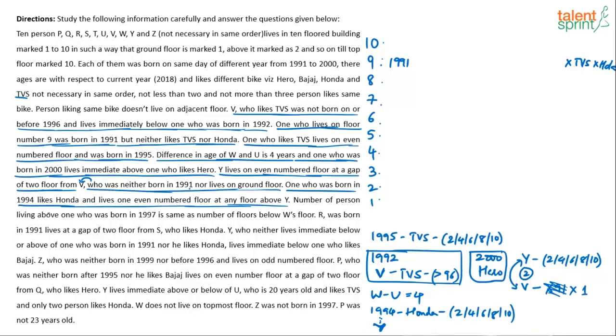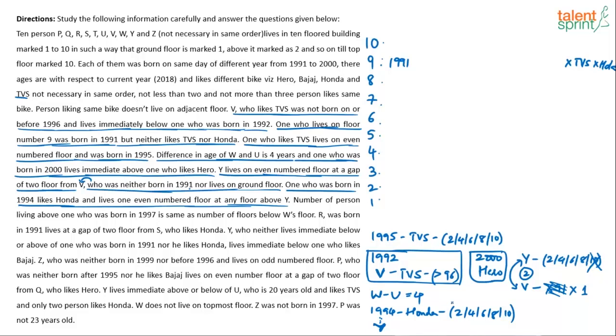See, the fact that we know the 94 born person lives on an even number floor and also lives above Y, we can conclude that Y does not belong to 10th floor. Can Y belong to 10th floor? Y cannot belong to 10th floor now. Because if Y is on 10th floor, the person who was born in 94 should be above 10th floor. Do we have a floor above 10th floor?